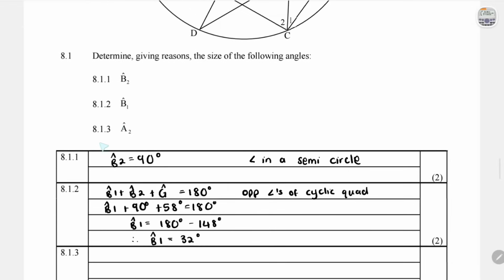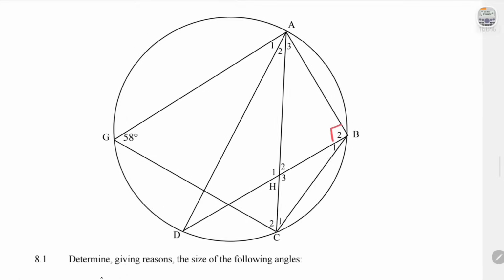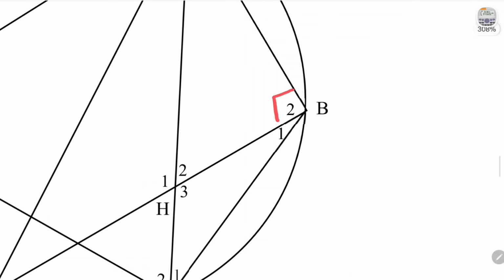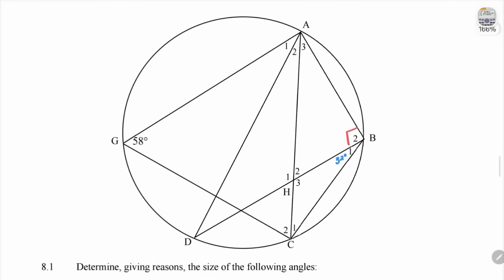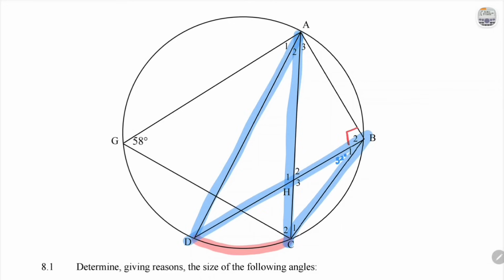The next question, 8.1.3, says we need to find the size of angle A2. So we know now that this is 32 degrees. And how do we find angle A2? Now, do you see that angle A2 is at the circumference and it's supported by this arc DC? But we also have another angle at the circumference supported by the same arc DC, and that's angle B1.